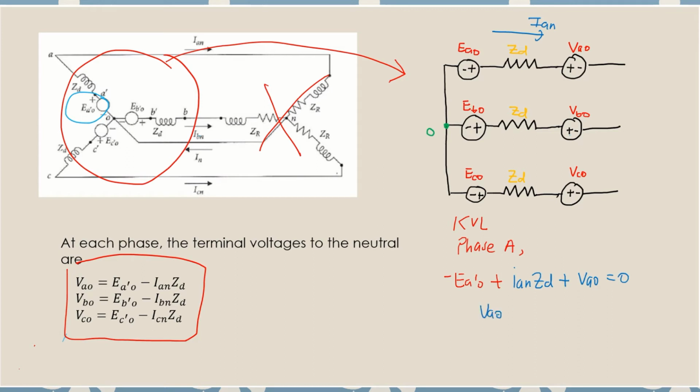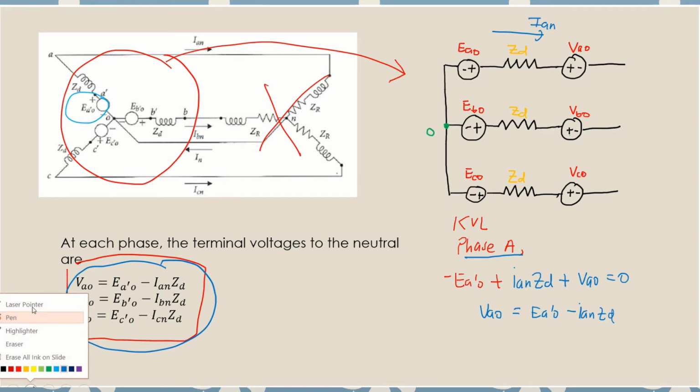You reshuffle the equation, you will get VAO equals EA0 minus IAN ZD. So that is for phase A. You do the same for phase B and phase C, and you will get this whole set of equations here.